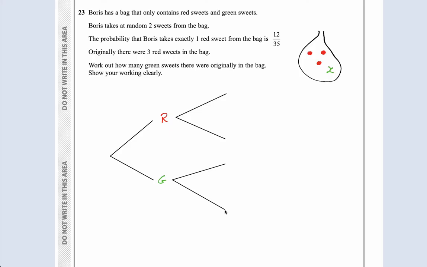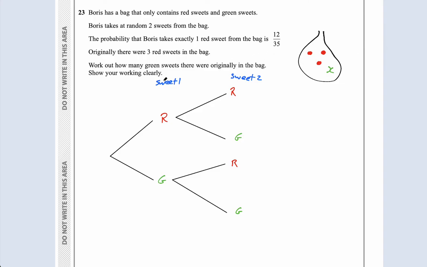So this one's actually the first sweet. So this is red and red, and this is green and green. So this is sweet 1, and this is sweet 2. Okay, so we're going to put our hand in the bag and we're going to take out a sweet.